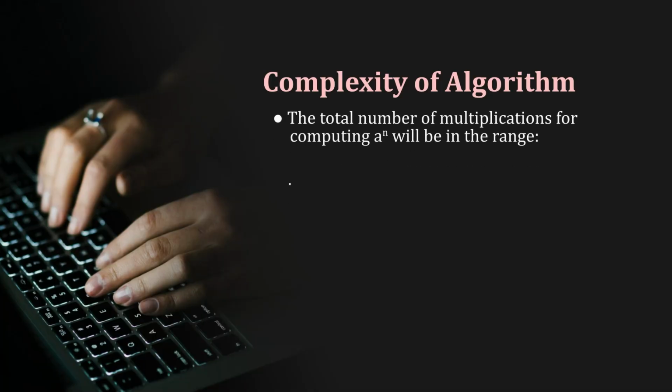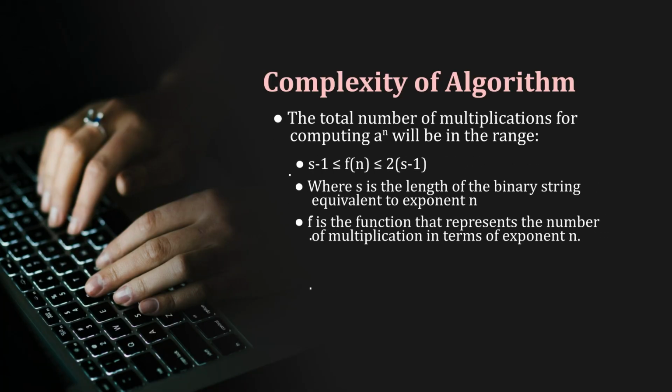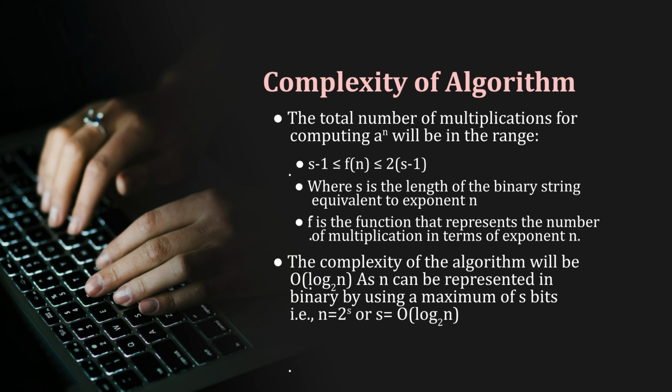Okay, so the complexity of this particular algorithm, whether you do left to right or right to left: in both cases, the number of multiplications is going to be between s minus 1 and twice of s minus 1. And since s is of order log 2n, the overall efficiency of this particular algorithm is going to be of order log 2n.